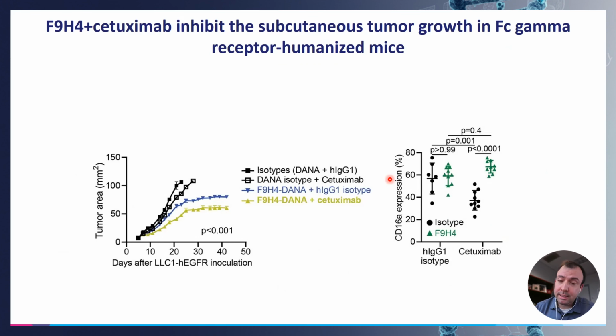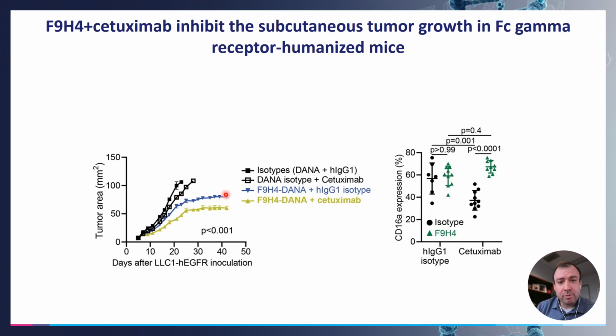On the other hand, it's a little different when we use Fc gamma receptor humanized mice. This is a mouse strain that is immunocompetent, and we inoculated these mice with a mouse tumor cell line expressing the antigen. We treated them with cetuximab plus or minus our antibody, and we were able to detect a significant inhibition of tumor growth when we combine our antibody with cetuximab.